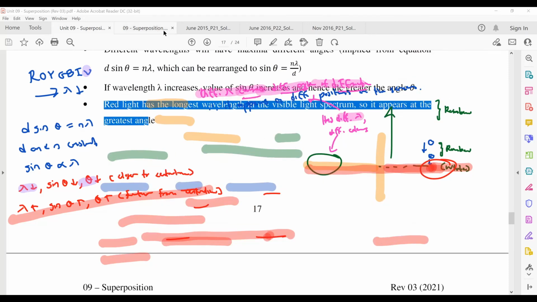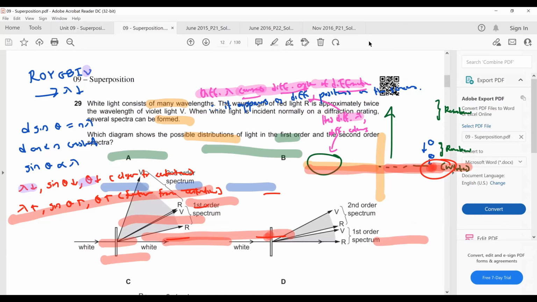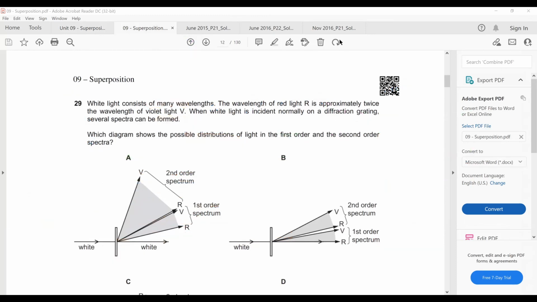Okay, so let's have a look at this question on page 12, and then I think I'll give you a short break. Page 12, question 29. This is what I was just talking about.